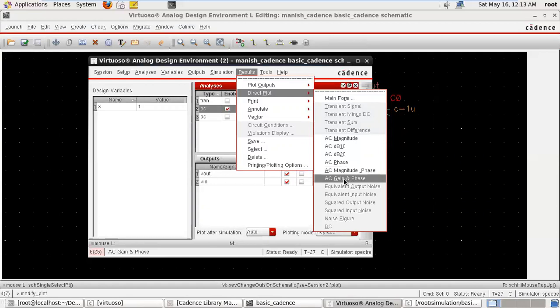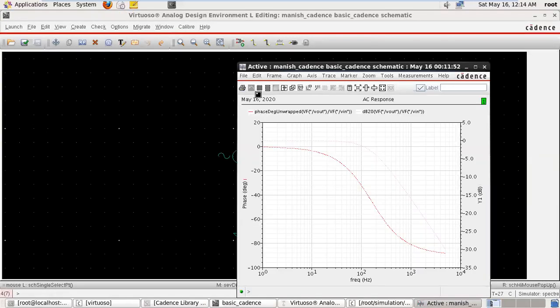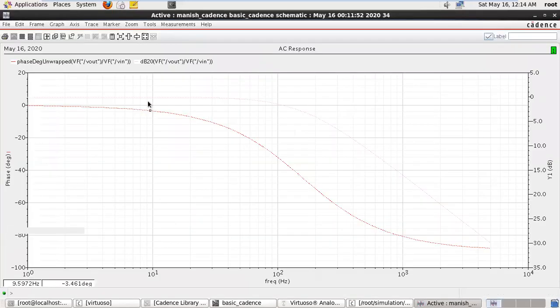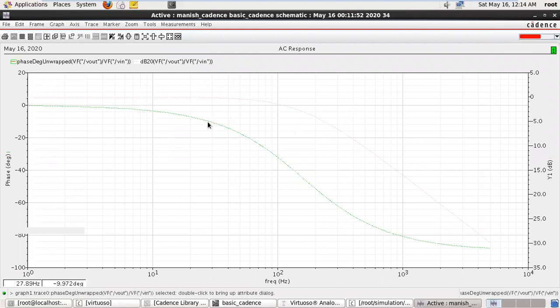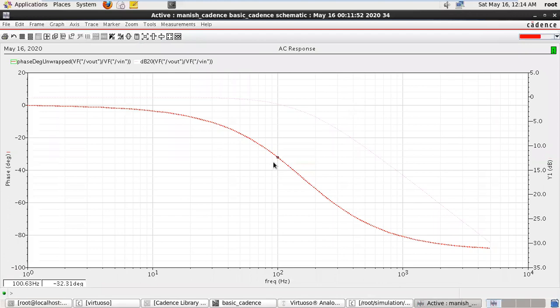So suppose we are clicking on AC gain and phase. This is my V out and this is V in. So here the window pops up. Just click on Bold, okay. That window represents dB 20 of V out by V in, so that is the voltage ratio.